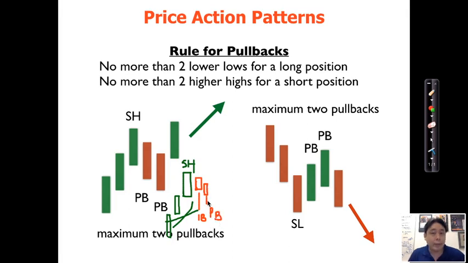Can we take the trade now? Yes, we can, because we have at least 1 pullback candle. So we'll place our buy order over here, right above the high of this candle, and our stop loss over here. The next day, if the price goes up, it will trigger our buy order and hopefully we ride the trend up.